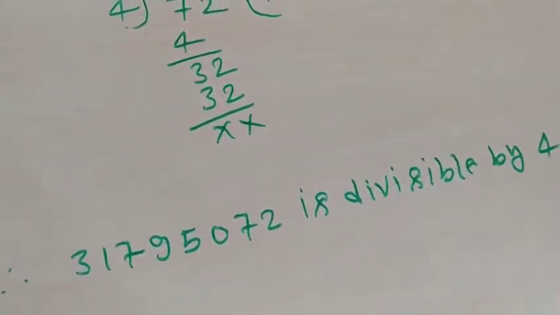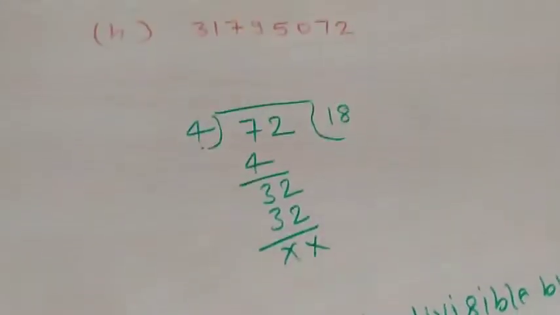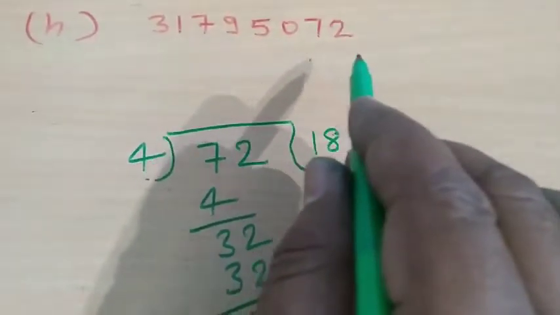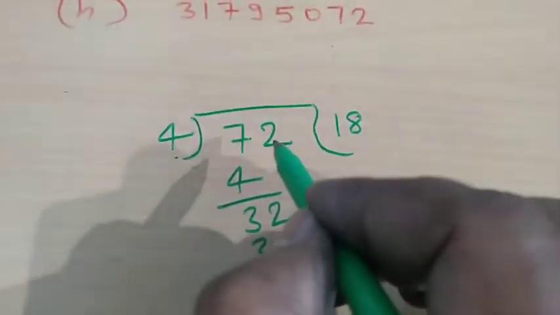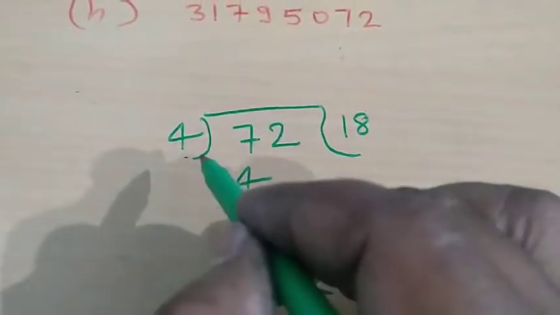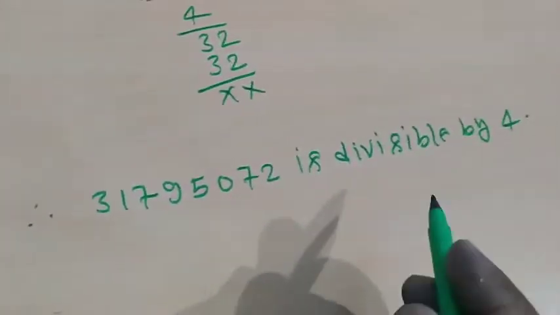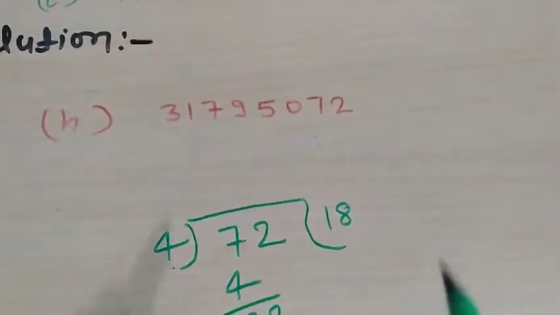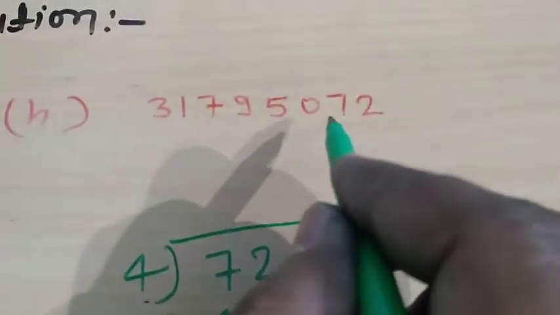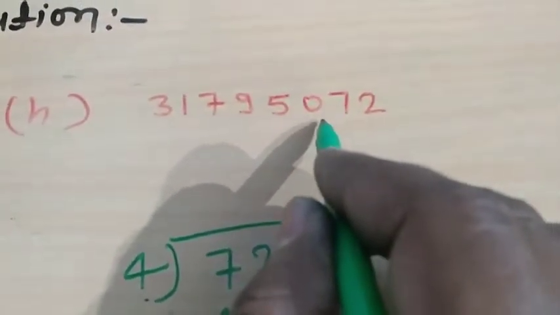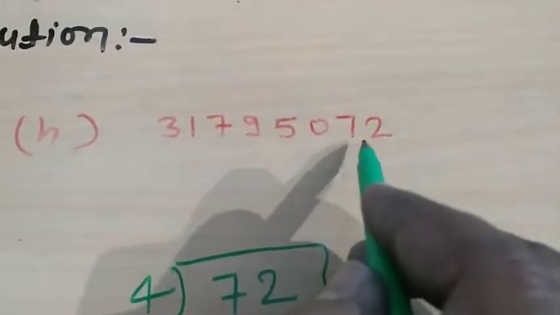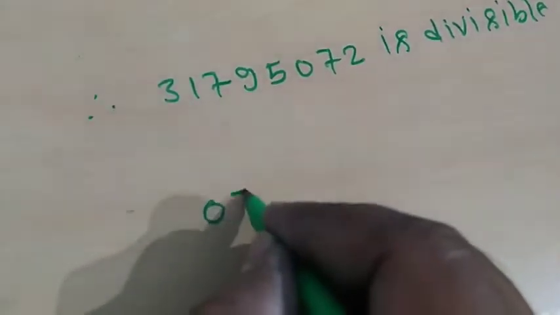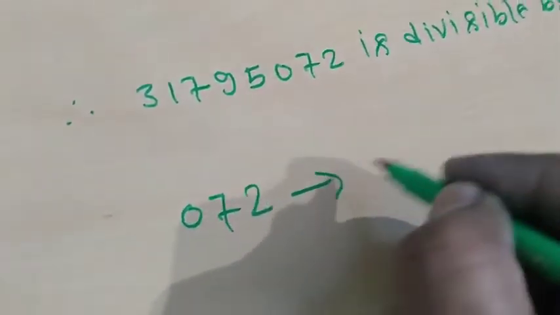Okay, now we see here the last two digits. For divisibility by 4 we check the last two digits. The last two digits are 72, so 72 is divisible by 4, so this number is divisible by 4. And now we are going to check divisibility by 8. For divisibility by 8 we check the last three digits. You can see here the last three digits are 072, it means 72.